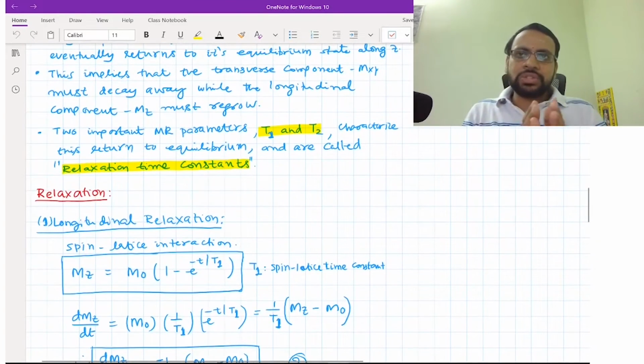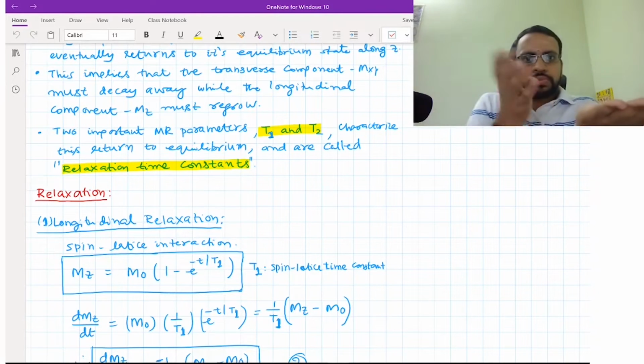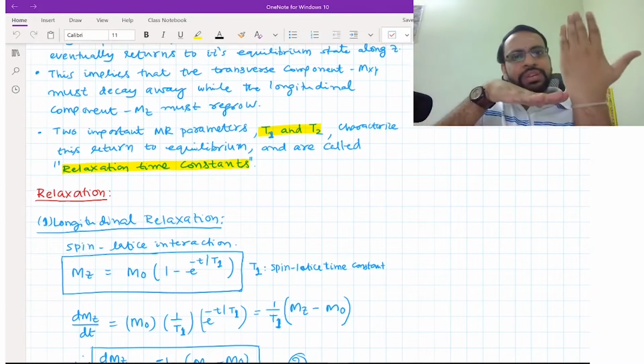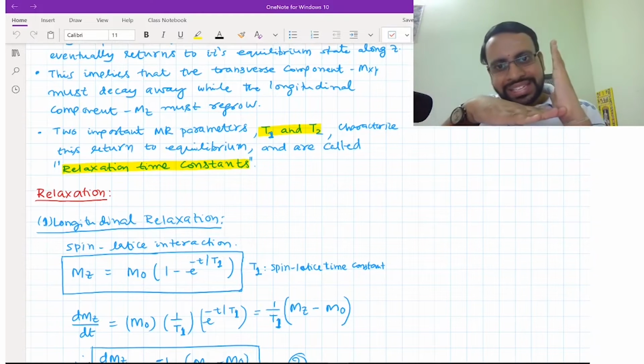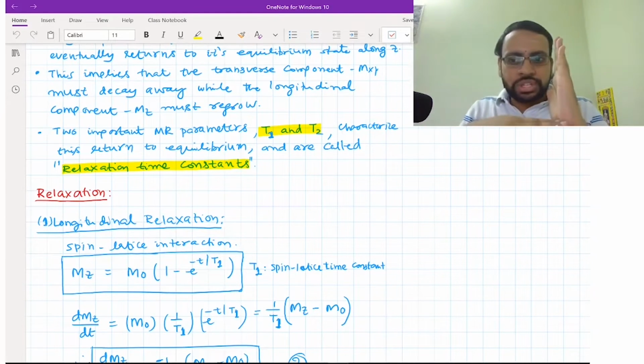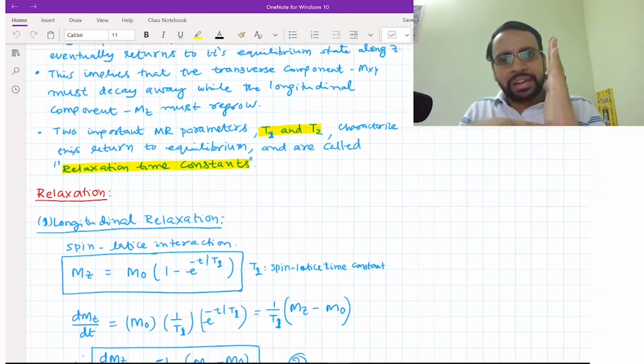As you could rightly guess, since there is no force applied in the xy plane, this would eventually come back into the z direction. This M bar gets restored to its original position, in alignment with the applied magnetic field.